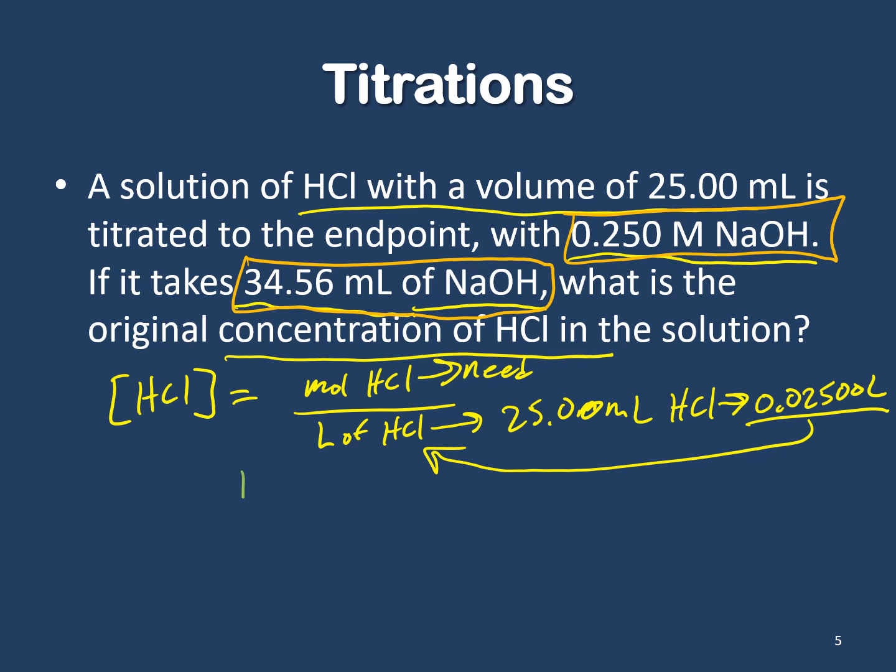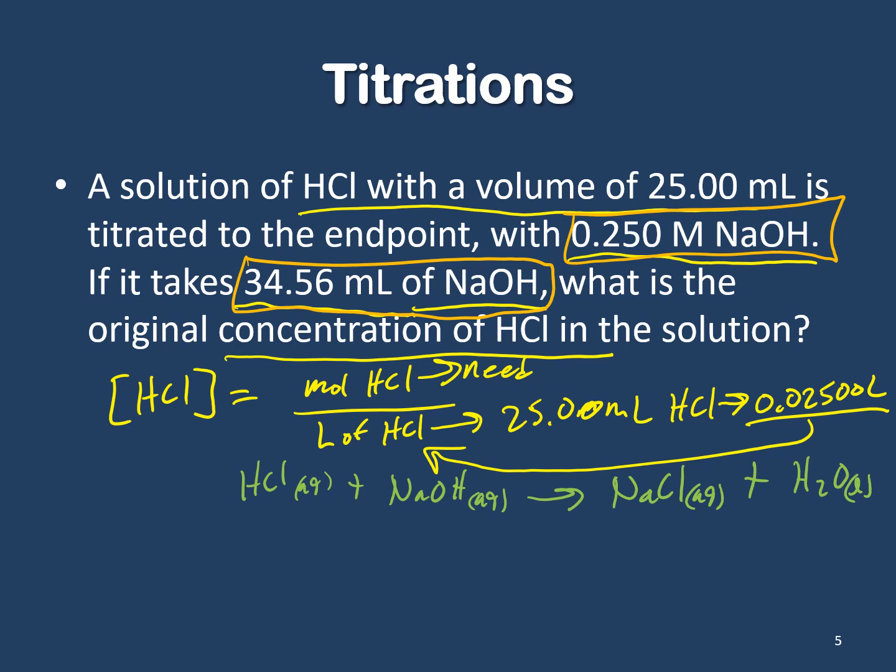We know that HCl, aqueous, reacts with NaOH, also aqueous, to give us two products, NaCl, aqueous, it's soluble, plus water in the liquid state. Now this is balanced already. It's a 1:1 mole ratio for our reaction.